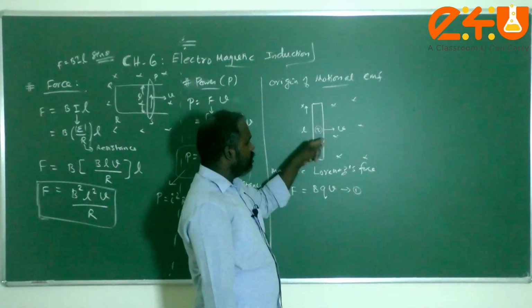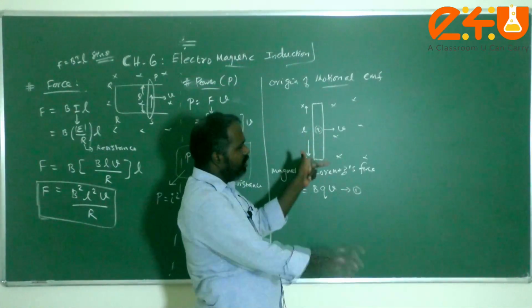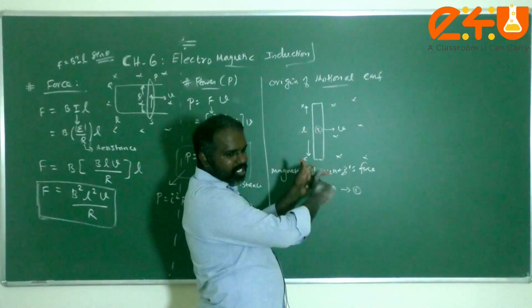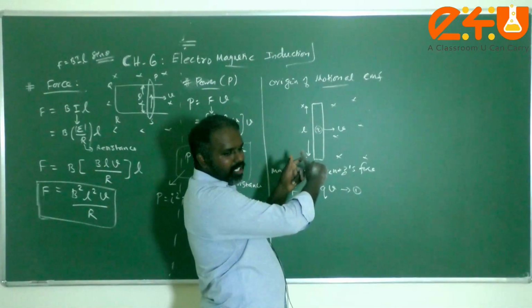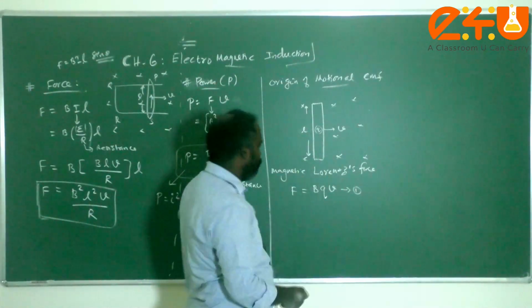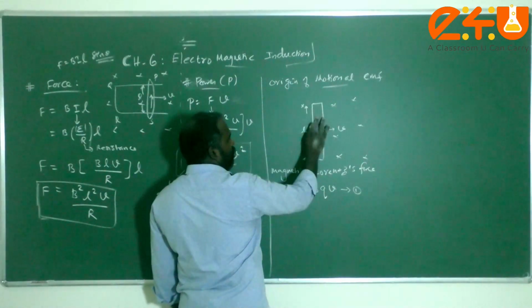Similarly, apply Fleming's left hand rule: the middle finger gives the direction of current, or the direction of motion of the positive charge, this is the magnetic field direction, and this is the force. Due to this magnetic Lorentz force, the charge will move towards the upper end.